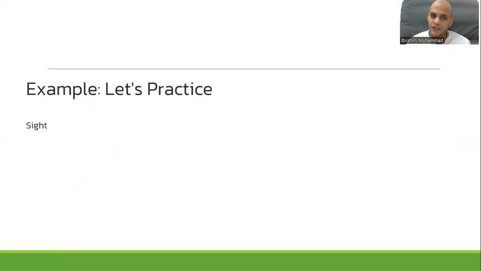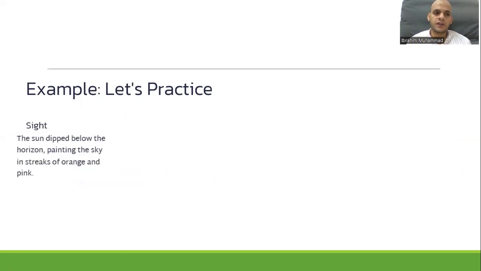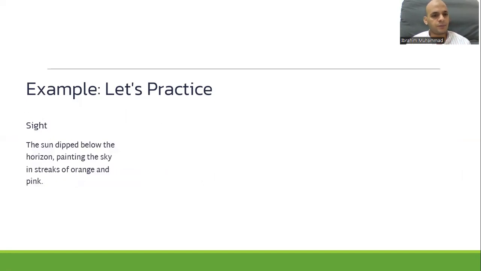So let's take some examples. First of all, the sight. For example, the sun dipped below the horizon, painting the sky in streaks of orange and pink. Another example, using the sound, the salty breeze carried the faint sound of crashing waves.